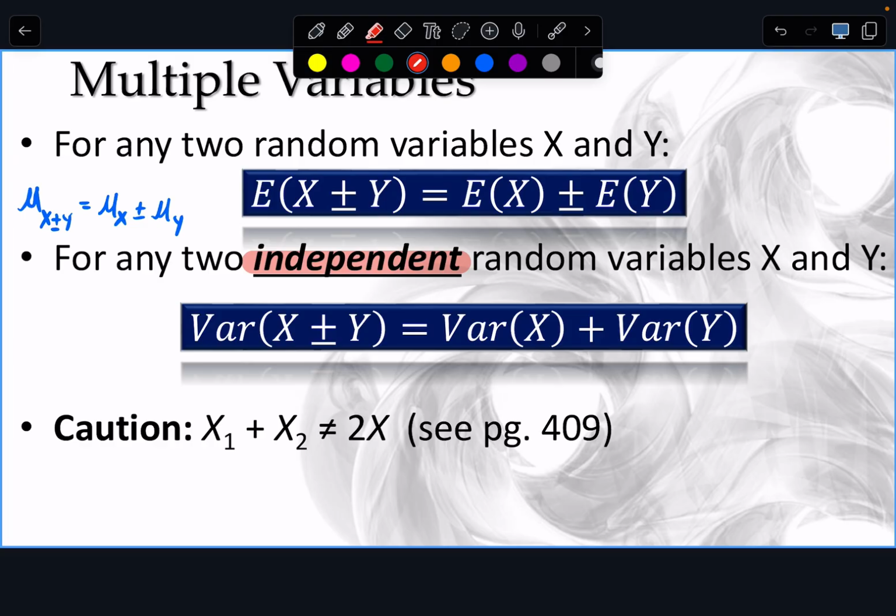And then the other thing is, whether I add or subtract, my variances always add. So the means will add or subtract according to what I do with the variables. The variances will always add.